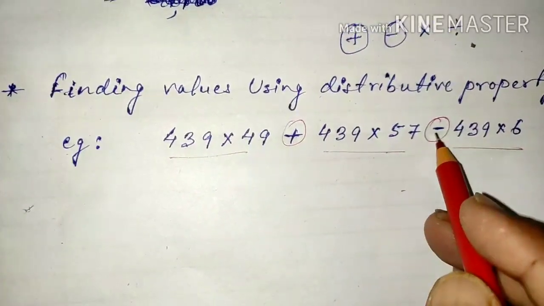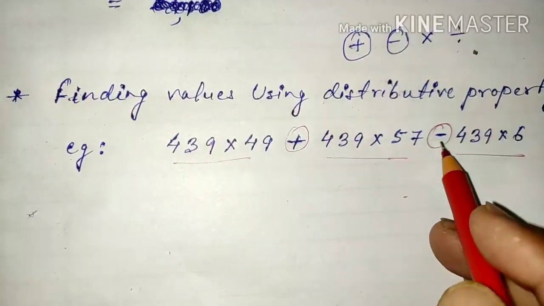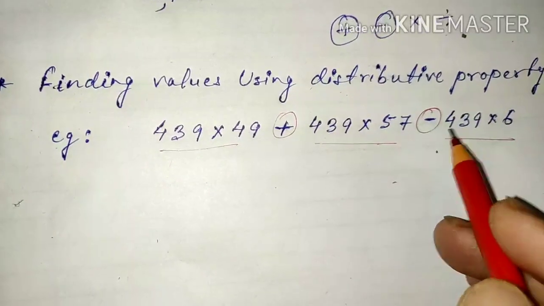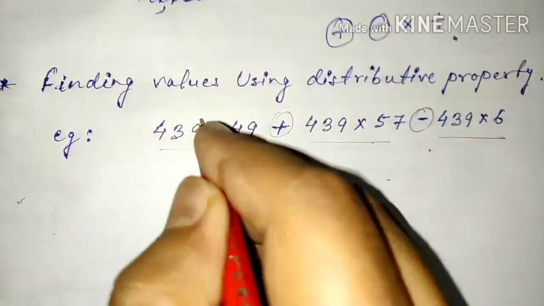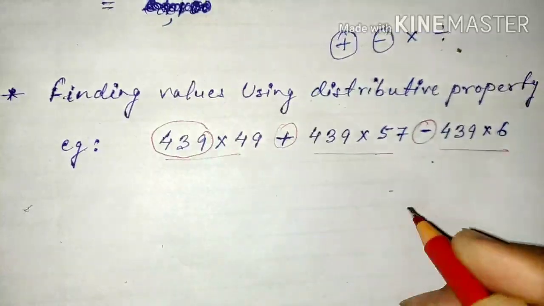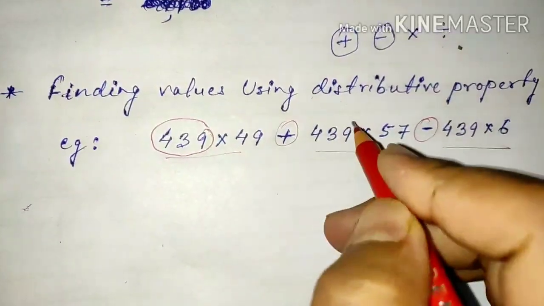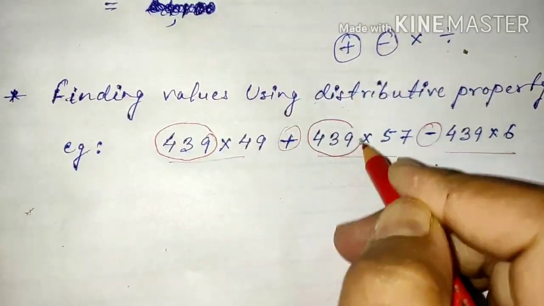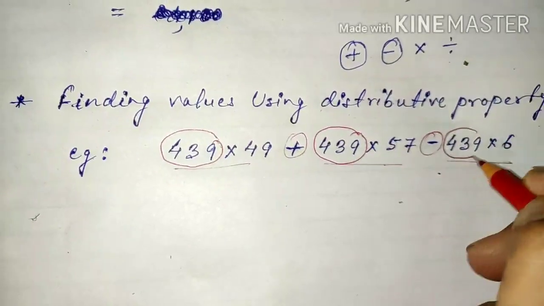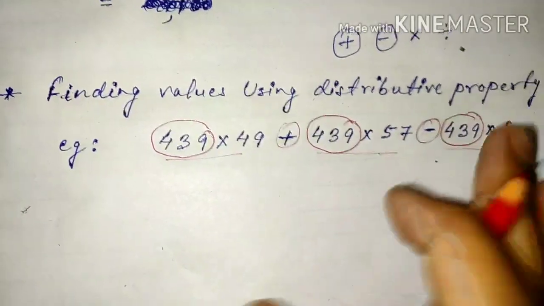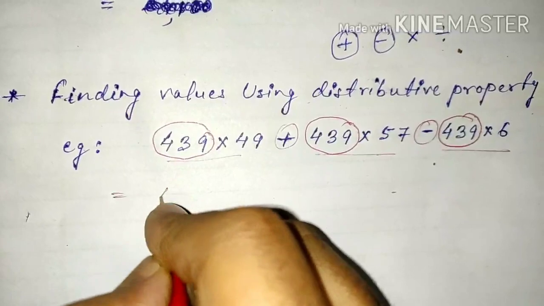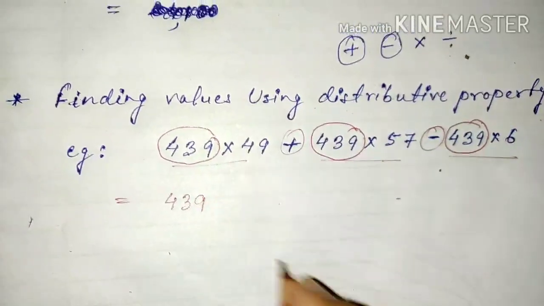There can be two pluses over here, or there can be two minus signs, subtractions. So from the first term I am taking 439 out as common. From here also 439, from here also 439. So I take 439 common.